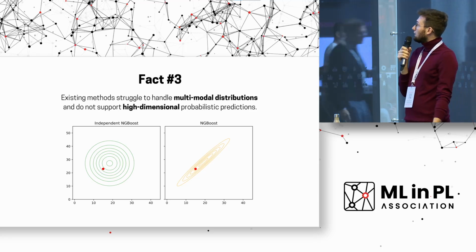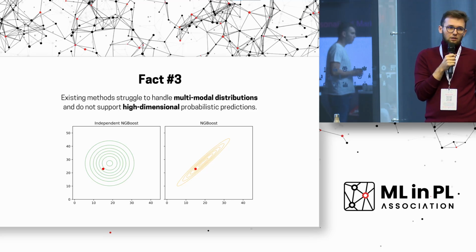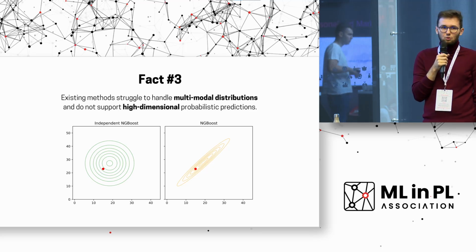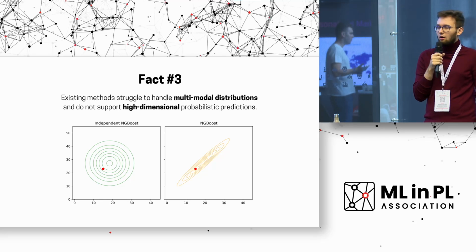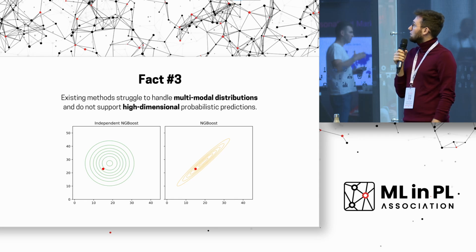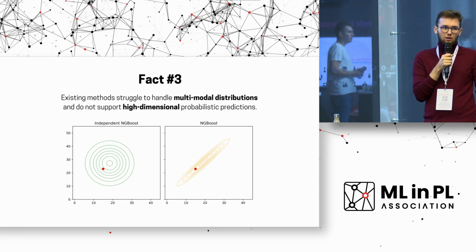And in terms of high-dimensional probabilistic predictions, the only method that can work in such a setup is NGBoost. However, the scalability of this method is not so good because we are estimating all parameters, for example, of the Gaussian covariance matrix. There's obviously a workaround for that: we can model each dimension of the target variable separately.